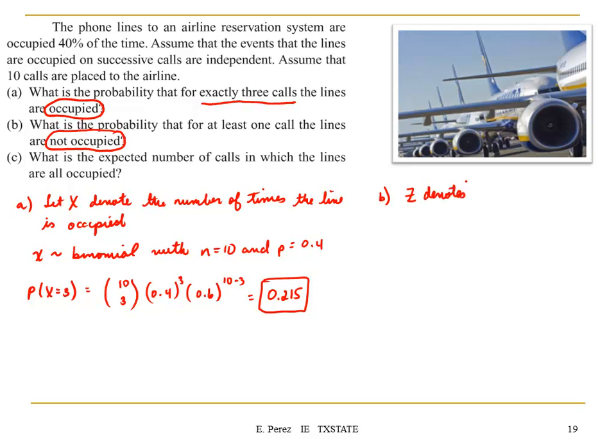Z denotes lines not occupied. And again, this follows a binomial with n equals 10, but the probability now is 0.6, which is the complement of 0.4.